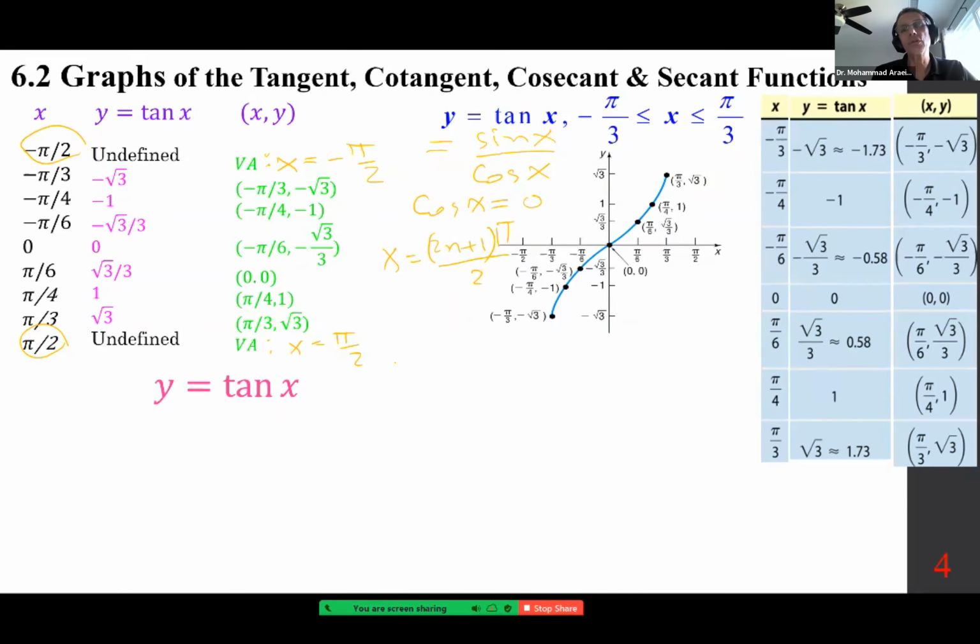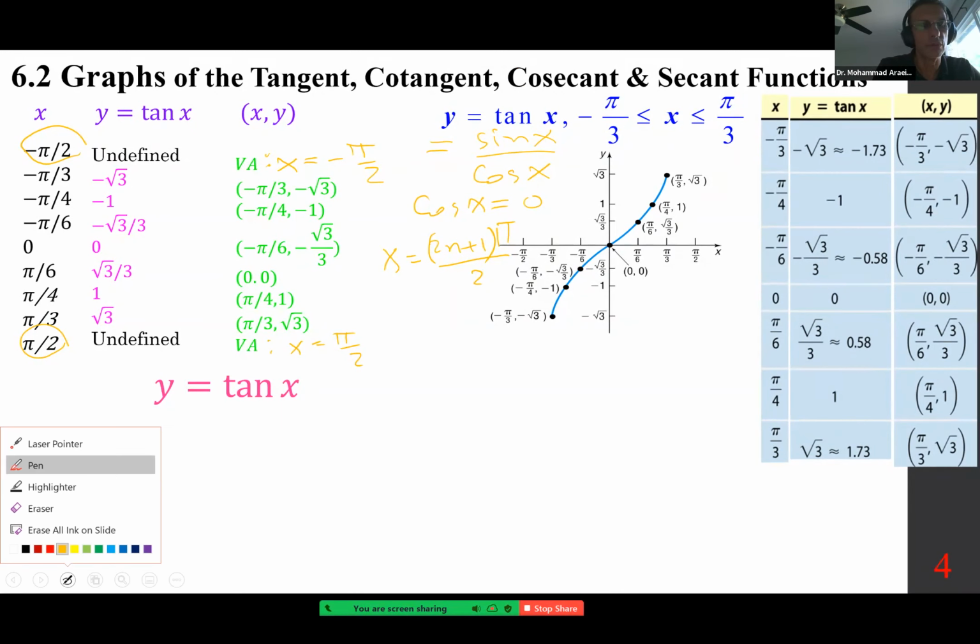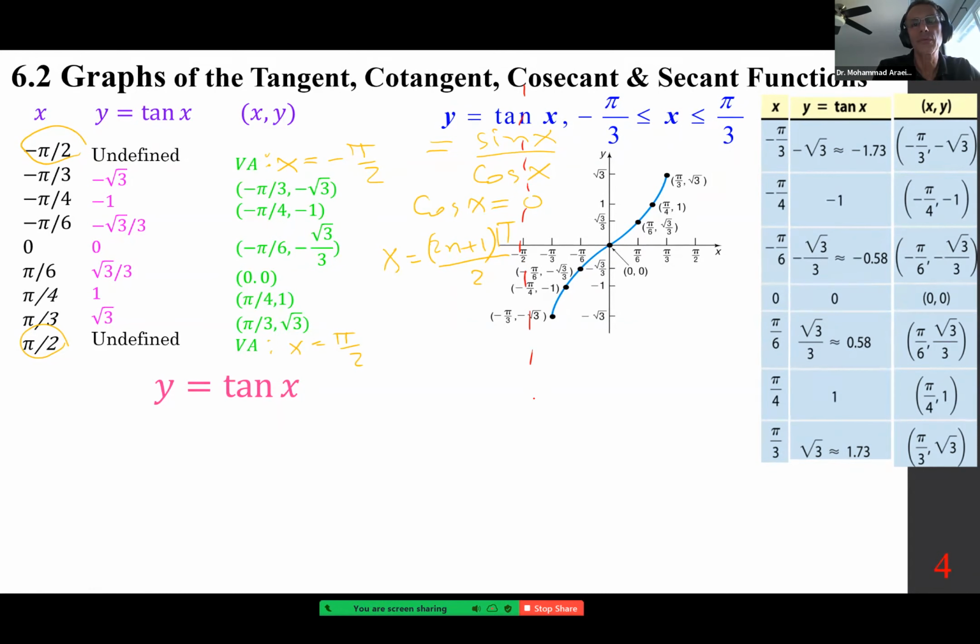So if I were to graph just one complete cycle, negative pi over 2, pi over 2, and this will continue indefinitely. And now this is one complete cycle going from negative pi over 2 to pi over 2.